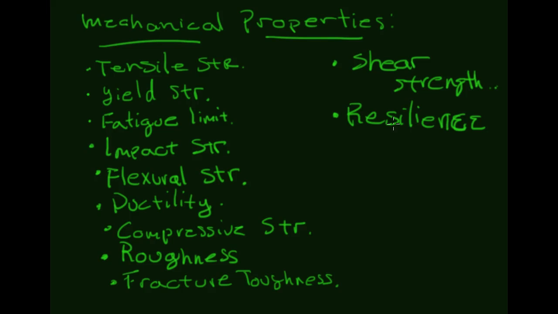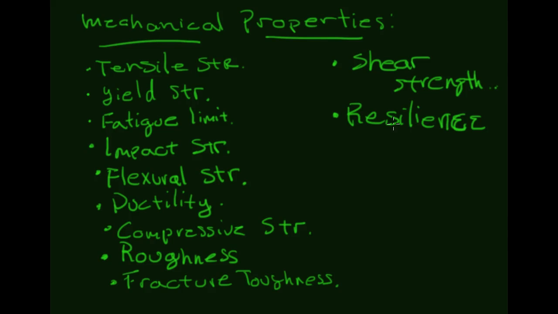So that's a low resilience. Something that has a high resilience can absorb a lot of energy, like a catcher's mitt or some sort of rubber memory foam. It can take a lot of energy, absorb it, and then not push it back or project it out.